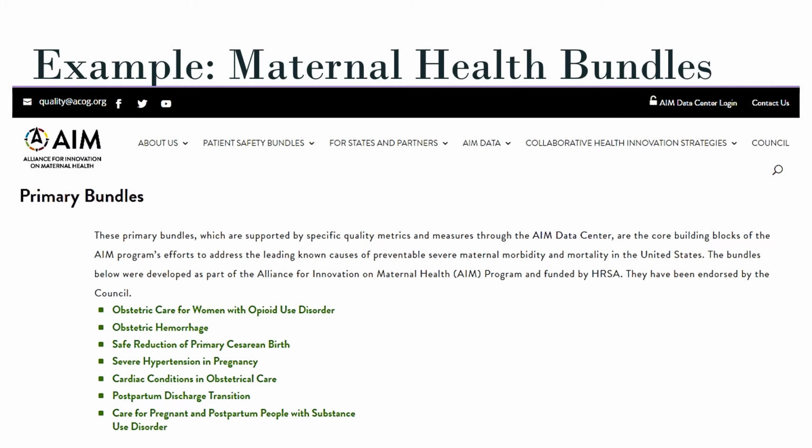These bundles are things that people can apply for funding to implement, but there's an obstetric care for women with opioid use disorder bundle, there's an obstetric hemorrhage bundle, safe reduction of primary cesarean birth bundle, severe hypertension in pregnancy, care for pregnant and postpartum people with substance use disorder, cardiac conditions, and obstetrical care bundle. But the intent is to address the leading known causes of preventable severe maternal morbidity and mortality in the U.S.